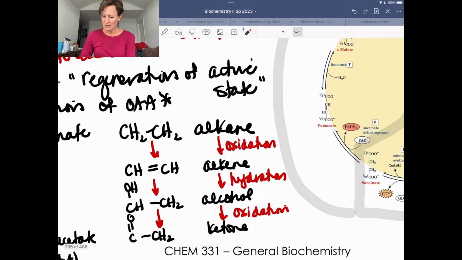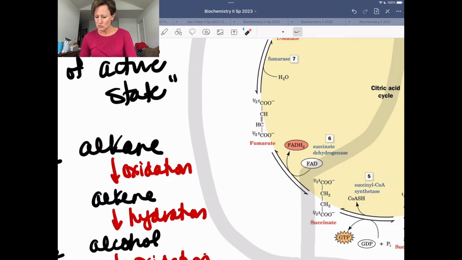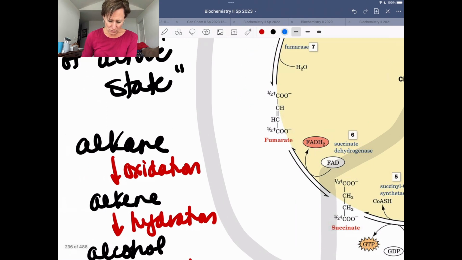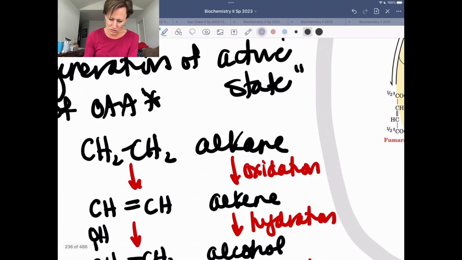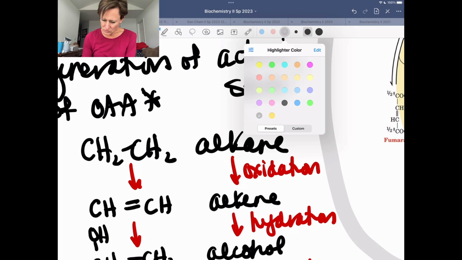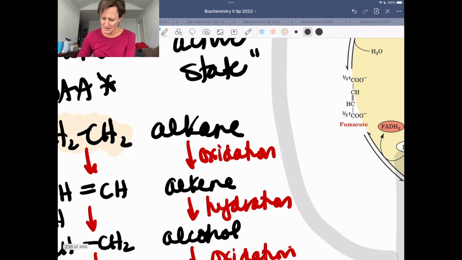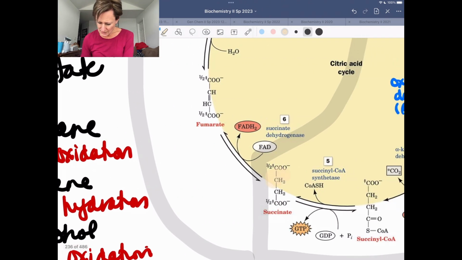Okay, so let's take a look at what we have here. Let's zoom in, and I'm going to highlight and draw some unique pieces to what is happening here. Starting with succinate, let's remind ourselves that when we're talking about this chemistry, this group right here refers to these carbon atoms.